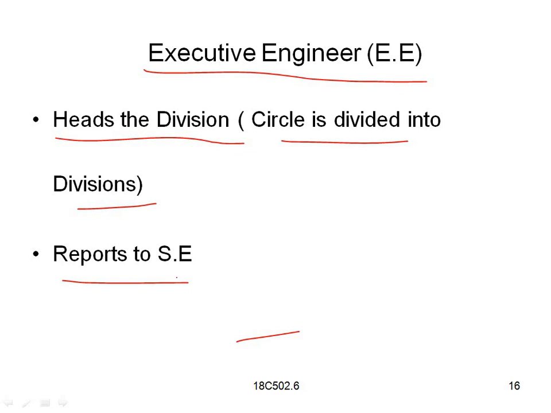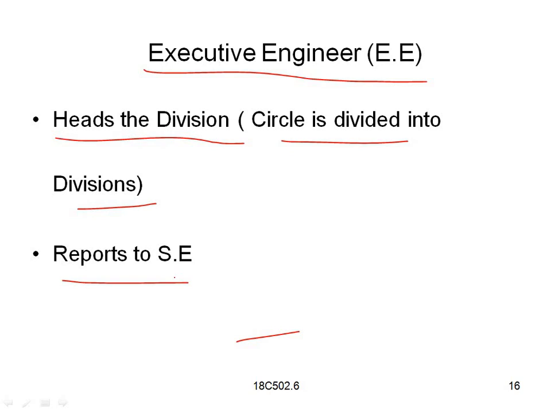So these executive engineers will be appointed by the public service commissions, and they will be well versed regarding the works. Suppose you take any civil engineering department or any mechanical department, they should be well versed regarding the civil engineering works.